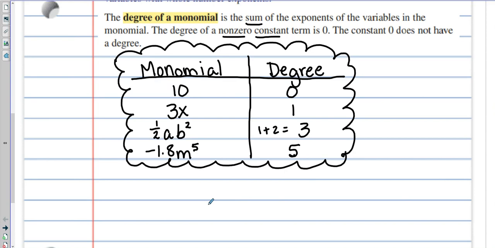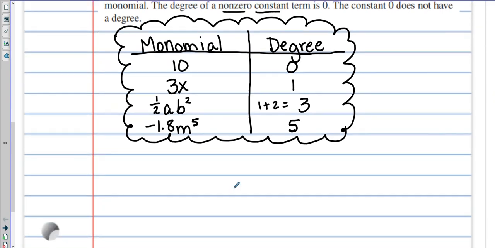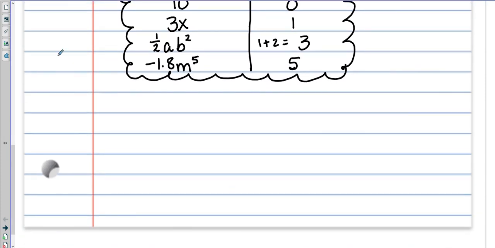Okay, let's take a look at what are not monomials. Okay, so this is not a monomial. And then we're going to talk about the reason.